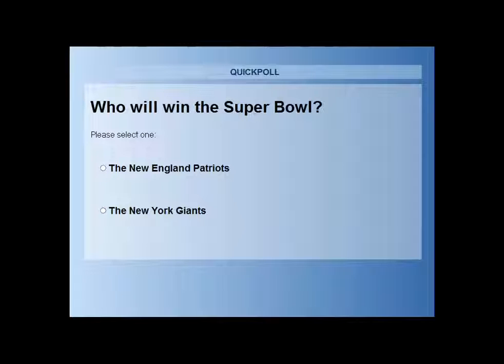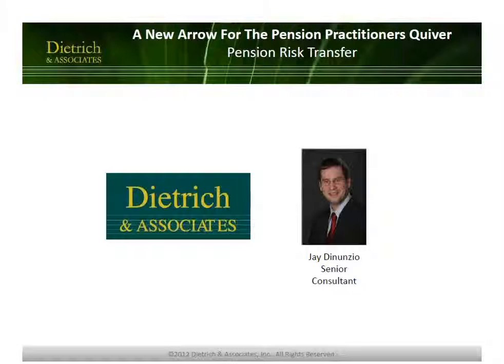For those of you still considering a friendly wager, the Pats are going out at -3, and the over/under's at 54.5. All right, I'm going to go ahead and publish this poll. There we go. 56% New York Giants, 44% New England Patriots. All right, so I guess it's go G-Men.